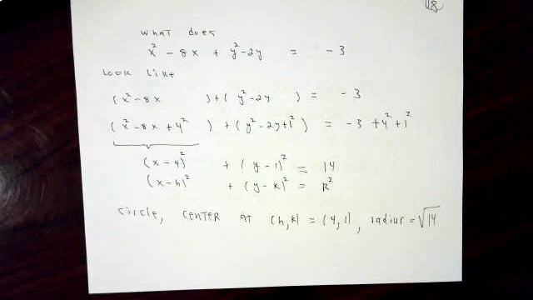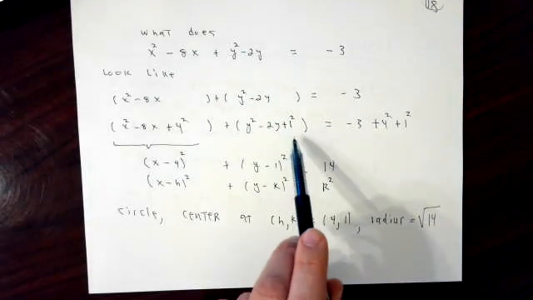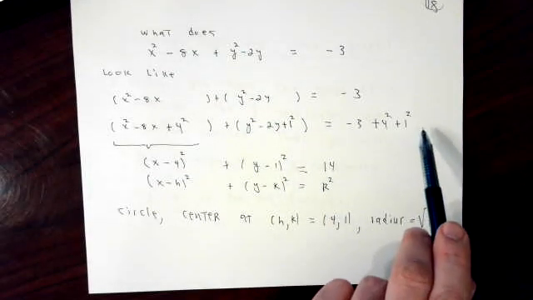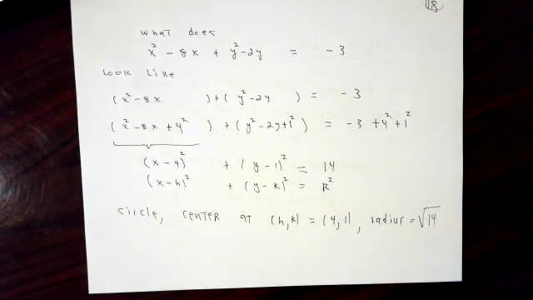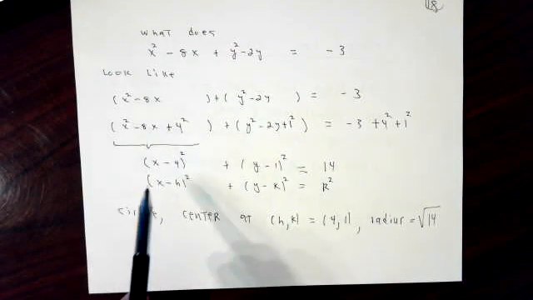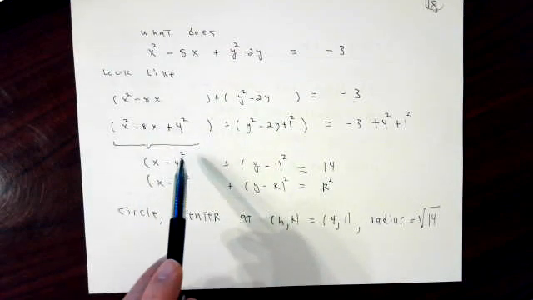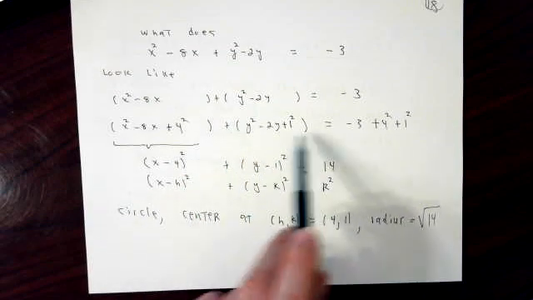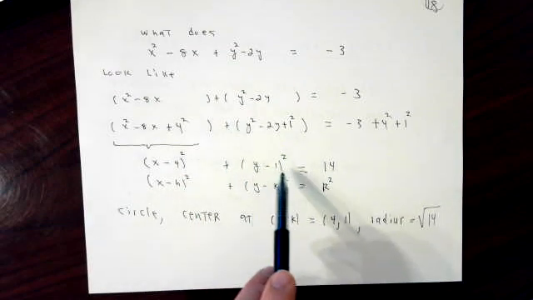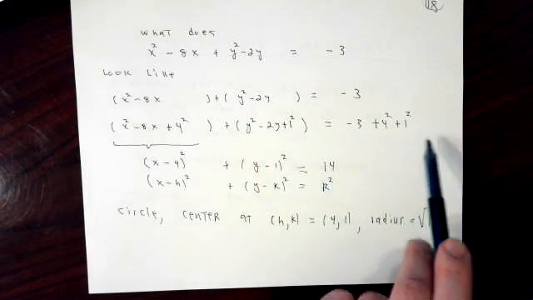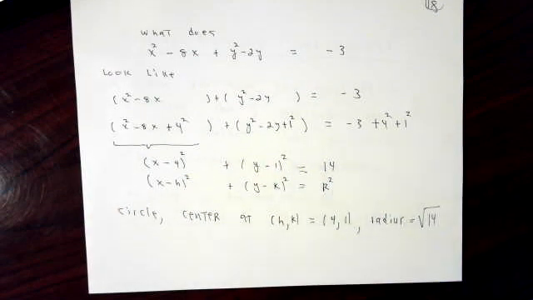So I'm going to square that and add it in, both on this side and on that side. The two terms that involve the x and y are now perfect squares. This one is x minus 4 squared plus this one is y minus 1 squared, and this adds up to be 14, if I've done my arithmetic correctly.